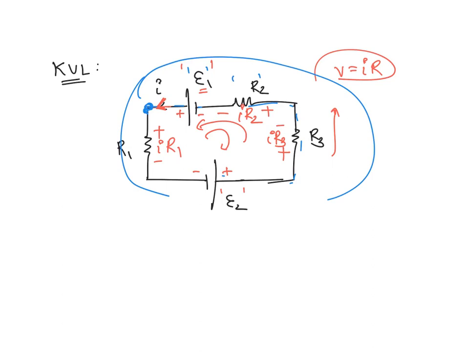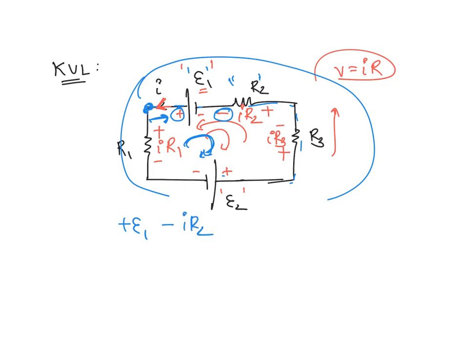How to take the sign: if you are moving in the clockwise direction, whatever polarity you get first, just take that. Let me show you. I am going like this from this point. Here I am getting a plus sign, so plus E1. After that I get the next terminal, minus for R2, so minus I into R2.